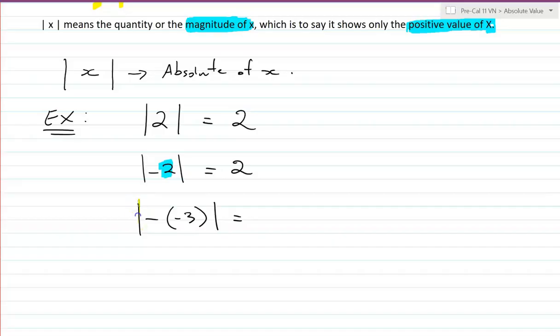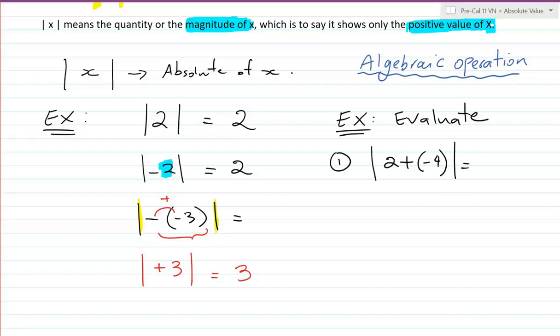So this is your big bracket right here. We're going to deal with the inside first. Here we go. That will give us positive 3, because negative times a negative is positive. Now we go ahead and say, what is the absolute value of positive 3? Well, that is 3. Very good. In terms of any other algebraic operation, you follow BEDMAS.